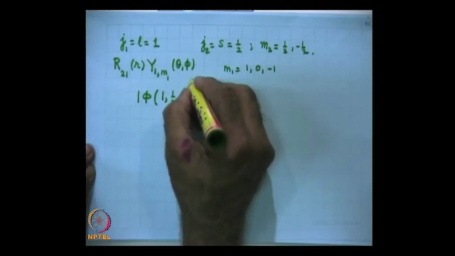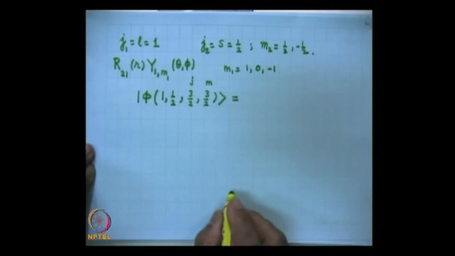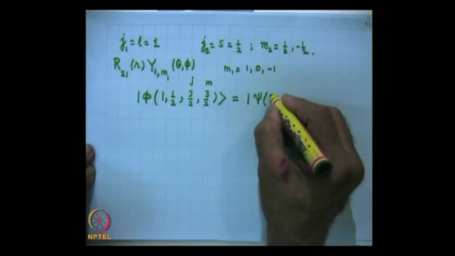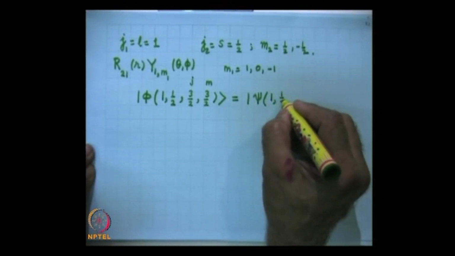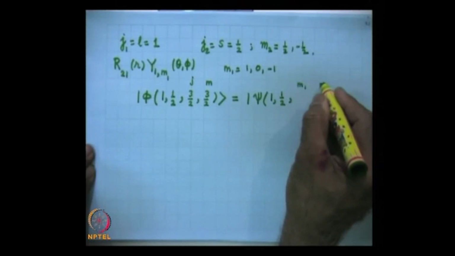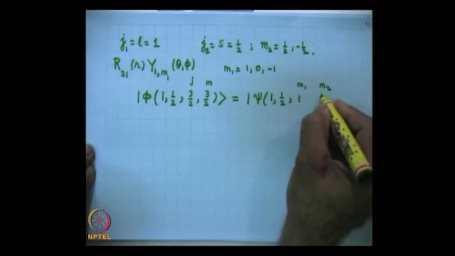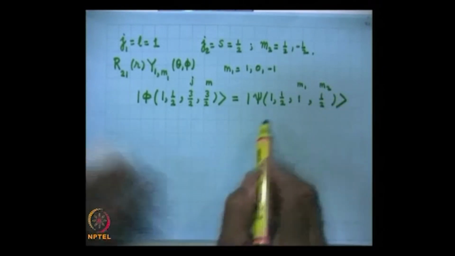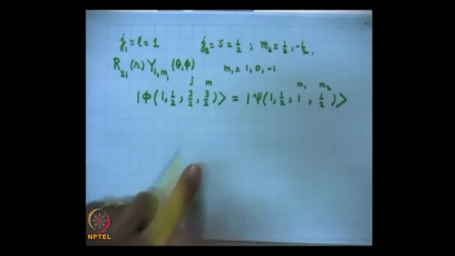So, this is the J value and this is the M value. Now, this is equal to the psi function corresponding to 1, this is J1, this is J2, and M1 and M2 must be equal to 1 and half, because M1 plus M2 must give me 3 by 2.